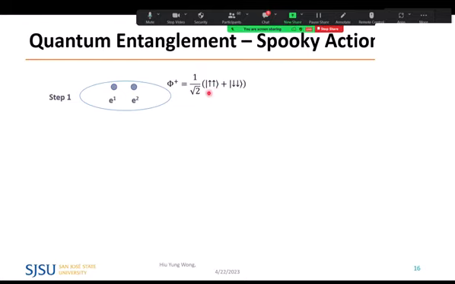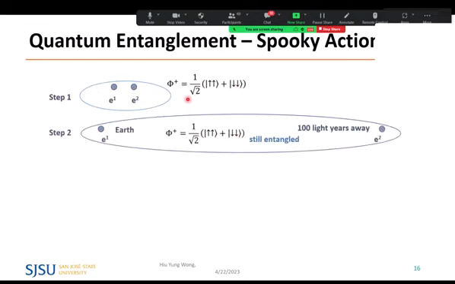So this can also be described as 00 plus 11, or in English, spin up up, spin down down. It's all up to you, right? But we know that it represents the basis states of this whole system, which are 00 and 11. Now, I do it very carefully and move one of the electrons to 100 light years away so that they are still entangled, right?